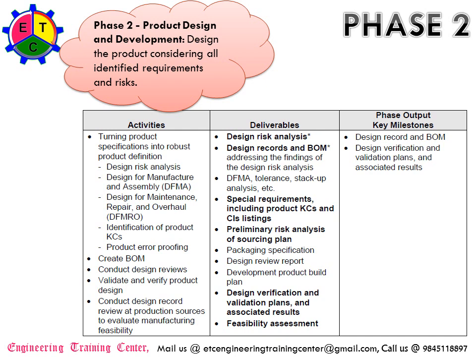So packaging specification, design review reports, development product build plan, design verification and validation plans and associated results, feasibility assessment. So these are the major deliverables. So what is the main key milestone output from phase 2? It is the design record and bill of material, design verification and validation plan, and associated results.